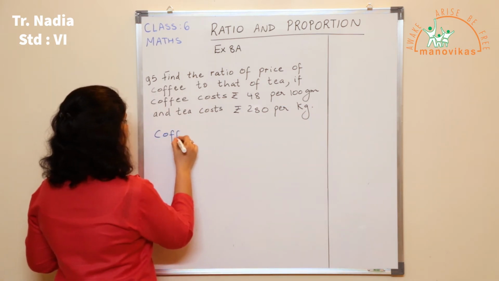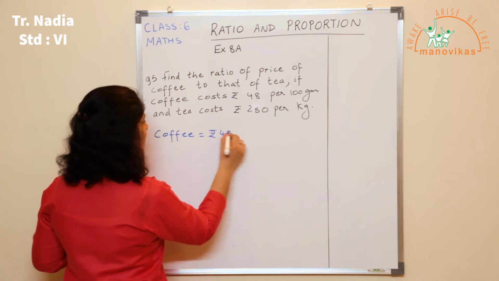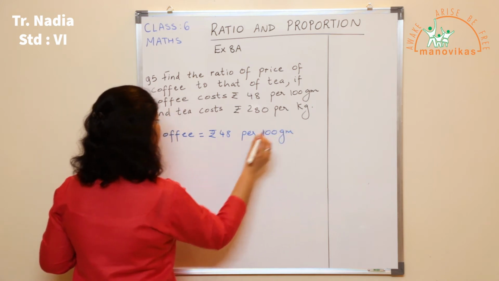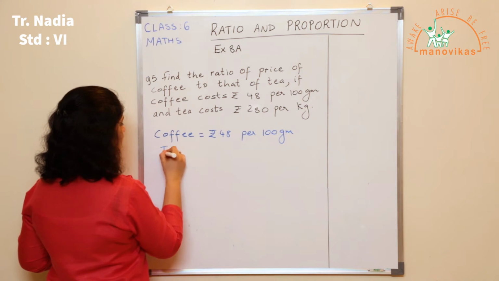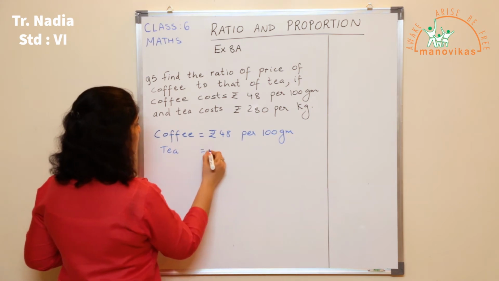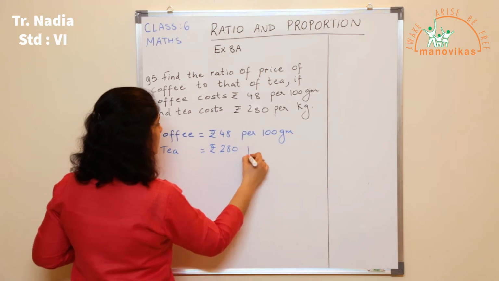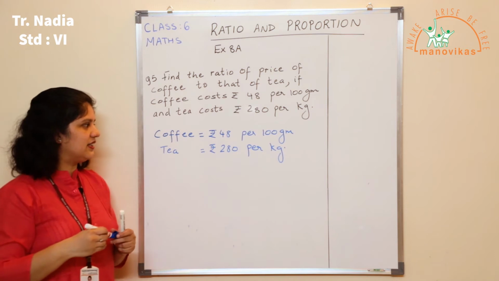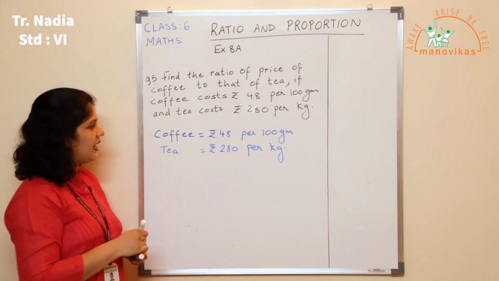We know that the price of coffee is rupees 48 per 100 gram, and we know that the price of tea is rupees 280 per kilogram.